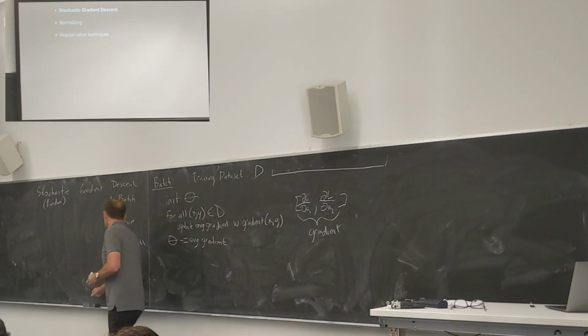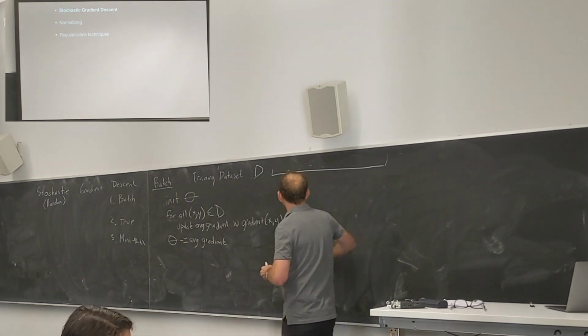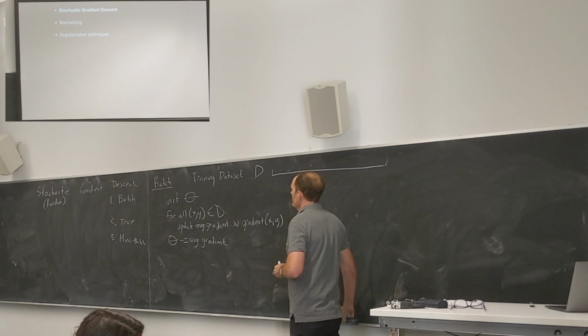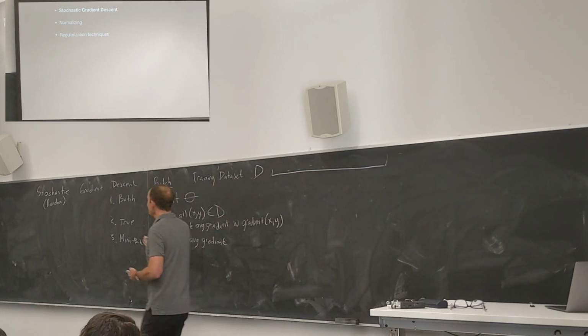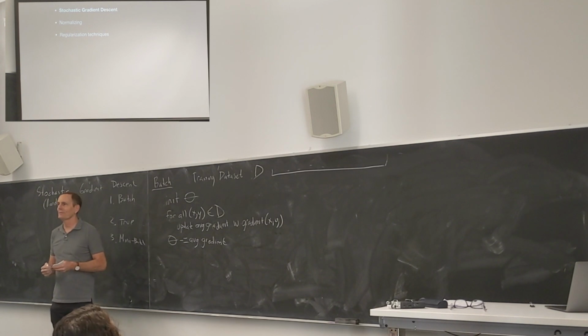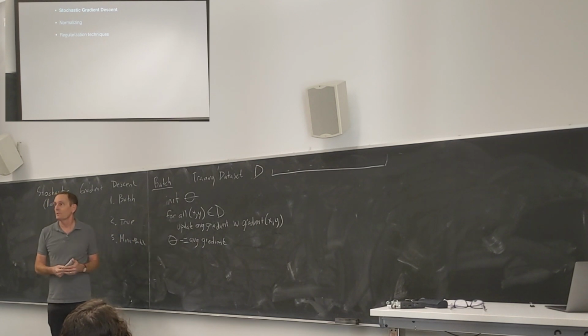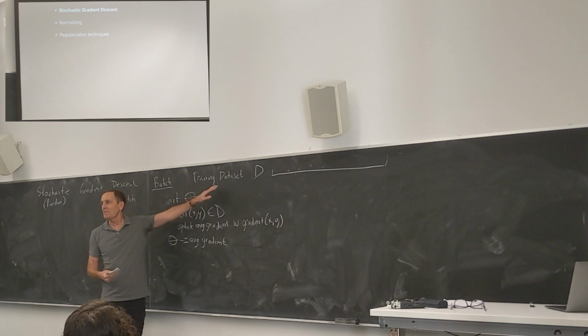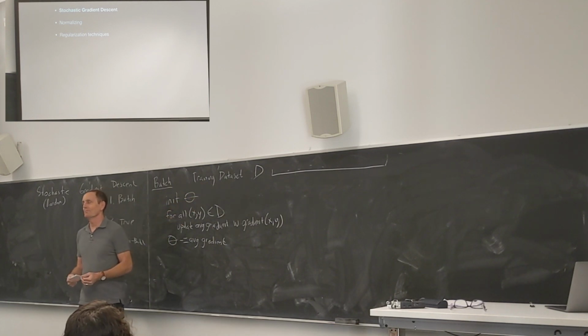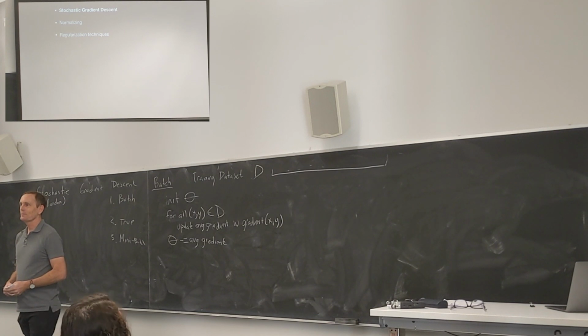Now, where does the word stochastic come into play here? Brandon, any thoughts? With the batches. Oh, in this? In this. What D is? The training data set, I mean, it's not random. It gets given to us in a non-random fashion. Someone hands it to us.